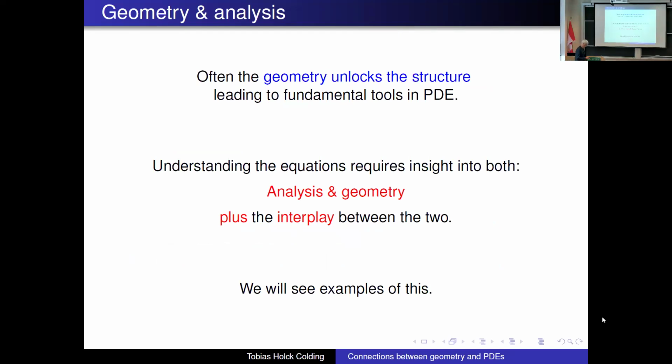One of the themes here will be that geometry unlocks the structure, leading to fundamental tools in PDE. Understanding the equations requires insights in both analysis and geometry and the interplay between these two. We'll see various examples of this.